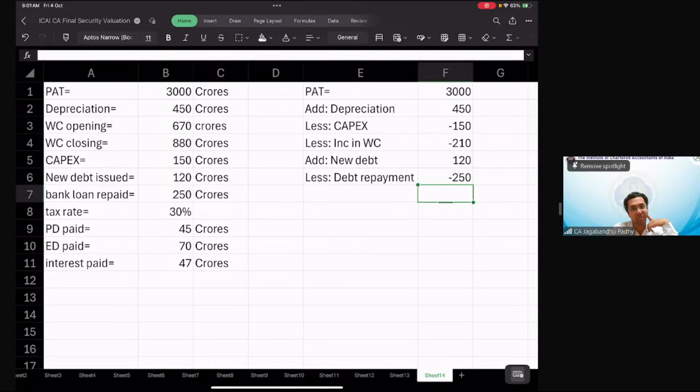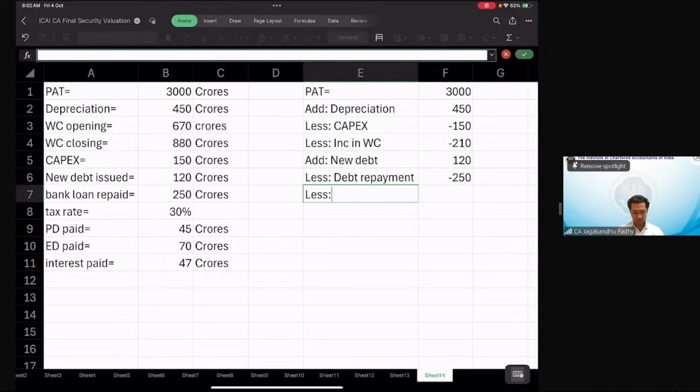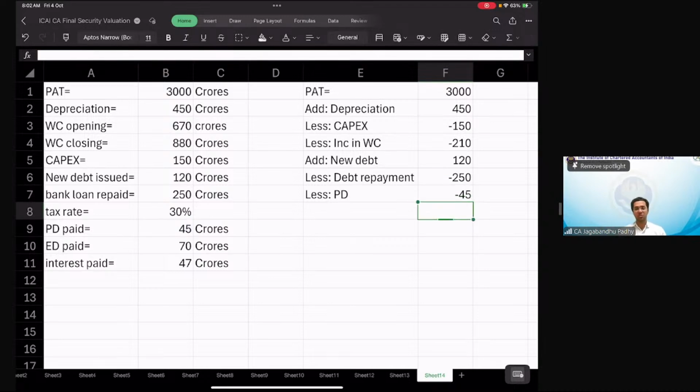Preference dividend, is it going to be adjusted? Yes. Less preference dividend of 45 crores. That has been paid out, so that cash flow is not available for the equity shareholders. And equity dividend paid is something that we are not going to subtract.